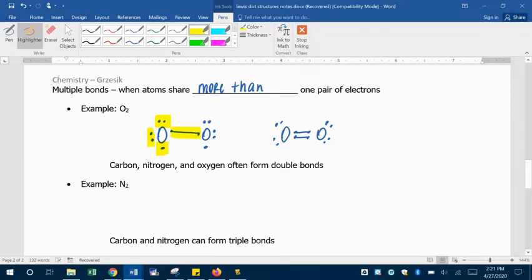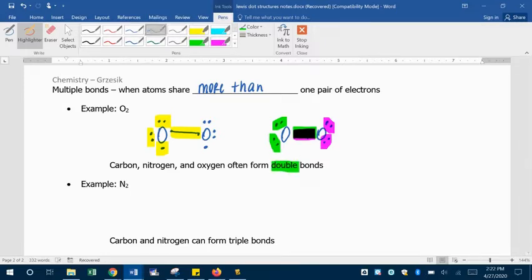And when we have a double bond here in our second example, we have 2, 4 electrons in that double bond, and then 6, 8. And then the other oxygen has 2, 4, 6, 8. And so that's why oxygen would form here what's called a double bond.